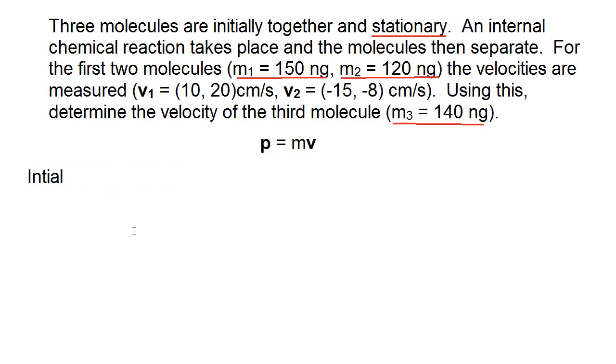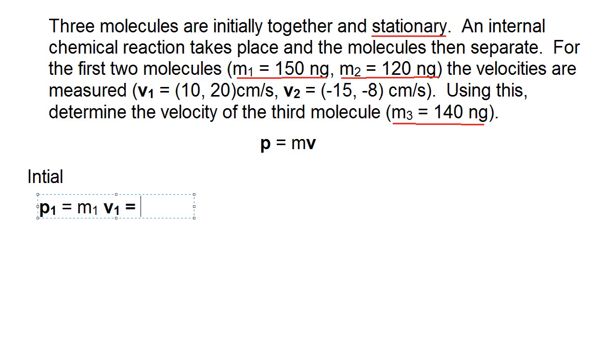Now, we have three molecules here. They're all initially stationary. So to find the momentum of, say, number 1, we can take its mass and multiply it by its velocity. Right? So momentum is a vector because velocity is a vector.